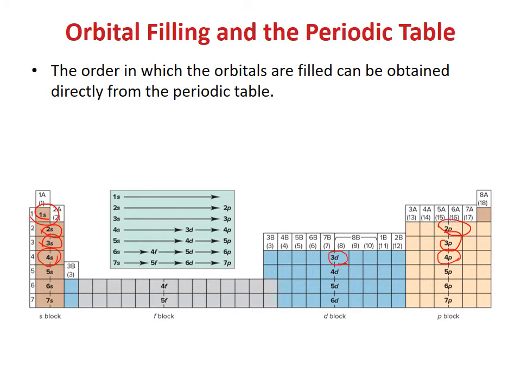Next, before 4d, it goes to 5s first, and then 4d, 5p, and again, before going to 4f, it goes to 6s, and then 4f, and then 5d, and 6p. So the elements with d electrons are called d block. Electrons of p orbitals are p block, and this is s block, and f block.